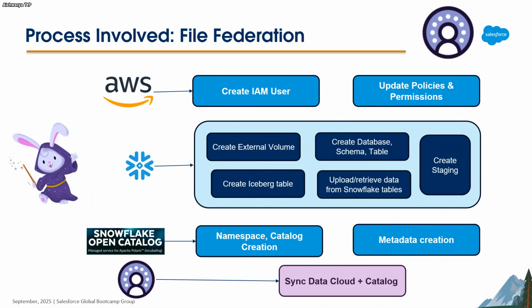If you are a root user, you need to create an IAM user, or if you are already an IAM user, you can use those credentials right away. And you need to set some policies and permissions. If there is a different team working on AWS, you need to give them instructions on what needs to be done. Then coming to Snowflake, that is where most of the process you are going to do. You are going to create an external volume.